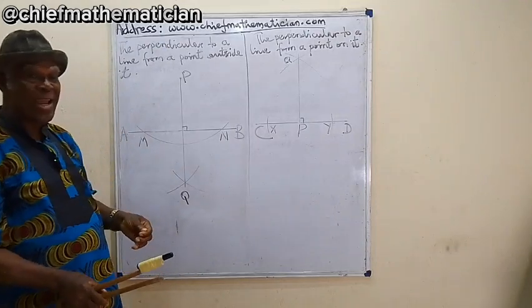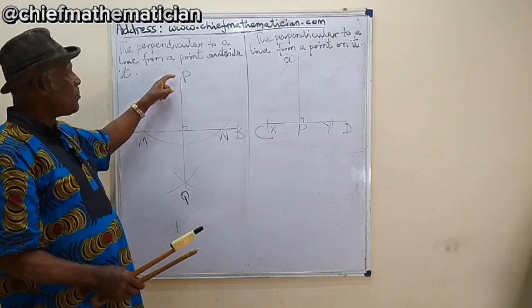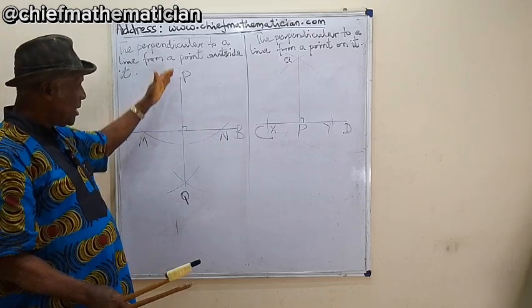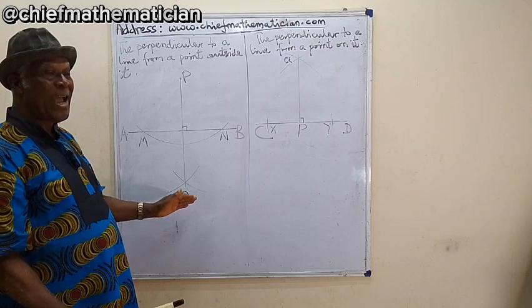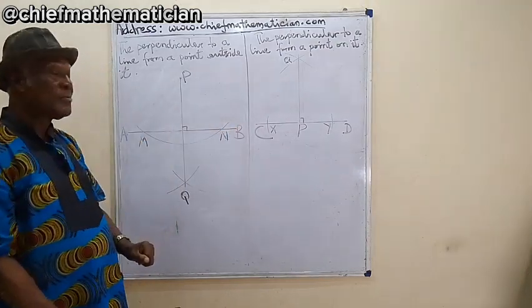PQ is the required perpendicular to AB through the point P.